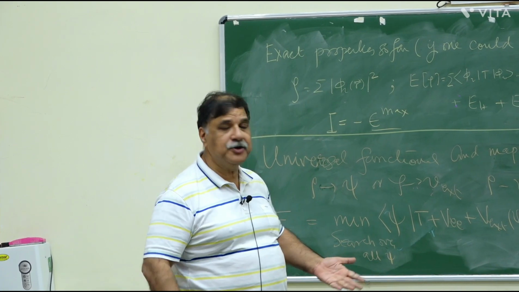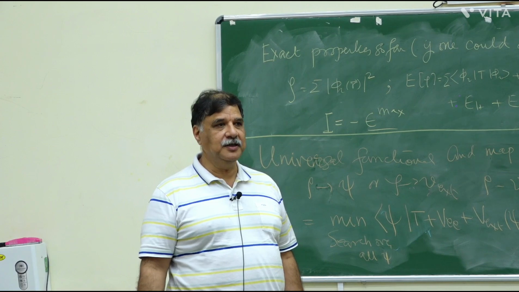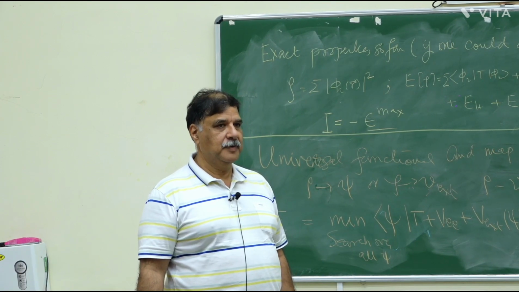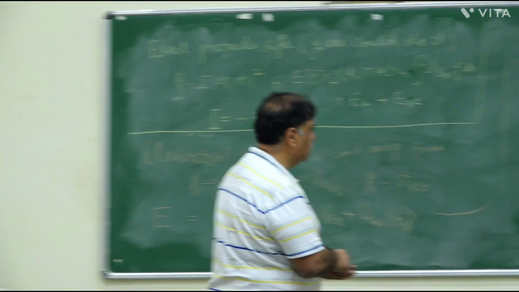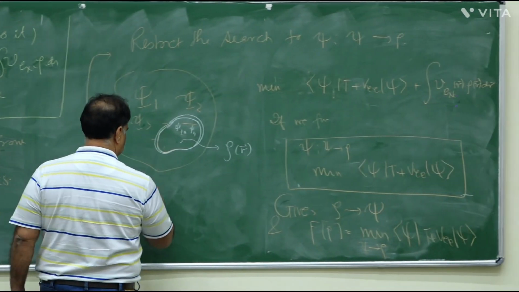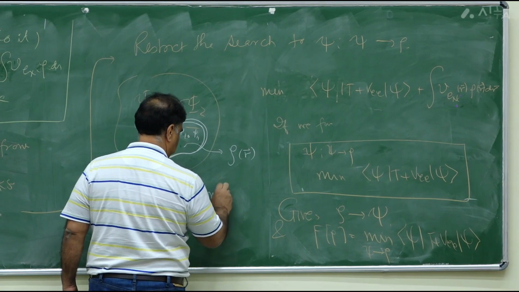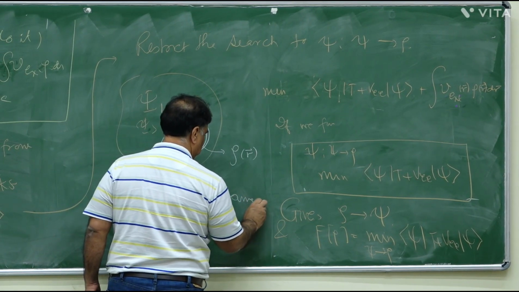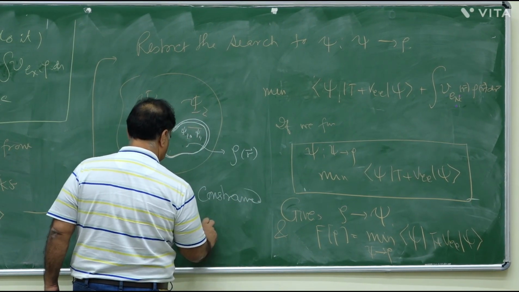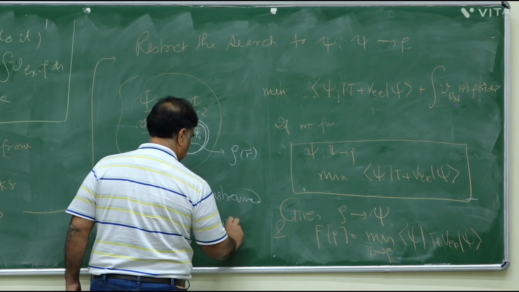That's the universal functional. I did not have to know what V external is. Right? This is known as Levy's constraint search approach.